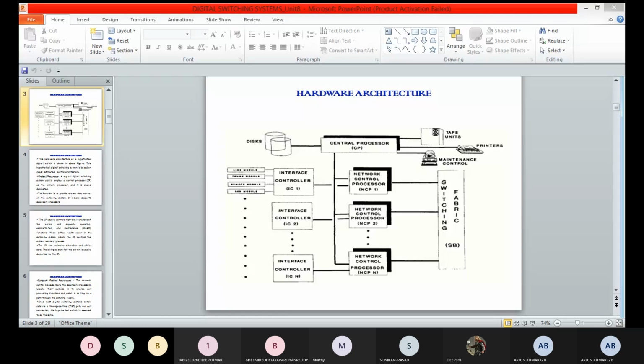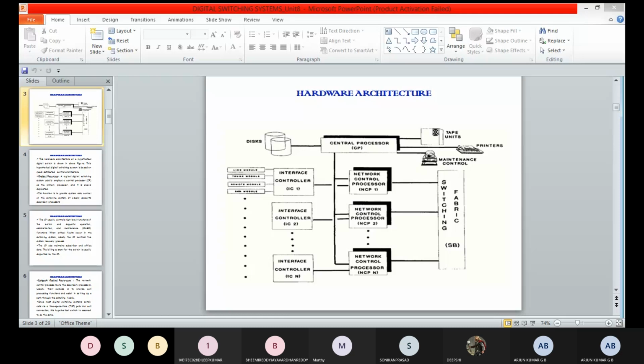That is why in this chapter we are going to study the functionalities of the present system and also explain the software for the typical class five system, which is nothing but a local exchange. How it is working, what its functionality is, and study the exact functionality of the switching system.